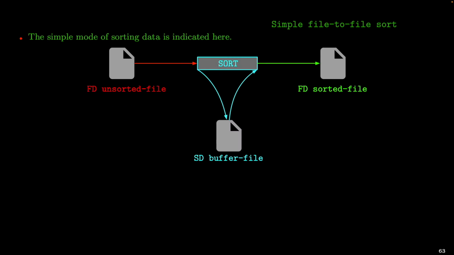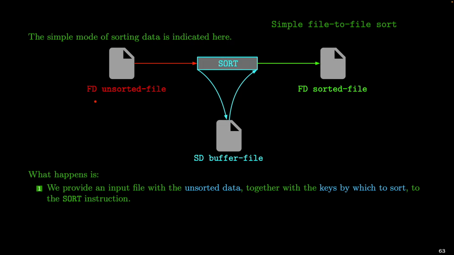Let's look at the simple mode of sorting data first. What happens here is we provide an input file, an external file that contains the unsorted data, together with the keys by which to sort. So this file is supposed to contain some COBOL records, each of which contains certain attributes, and we give some of these attributes as keys for the sorting algorithm to sort the data by. And this is just the usual file in COBOL that we declare with an FD file descriptor.